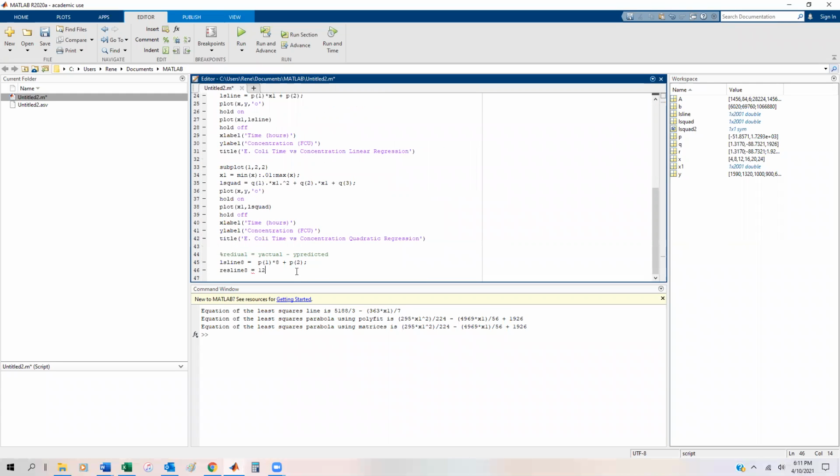That's going to be 1320, which is the actual, minus ls line 8. All right. And we're just going to do this again for quadratic. So I'm going to call this ls quad 8. And we're just going to copy the quadratic regression, and I'm just going to plug in an 8 everywhere that I see x1.